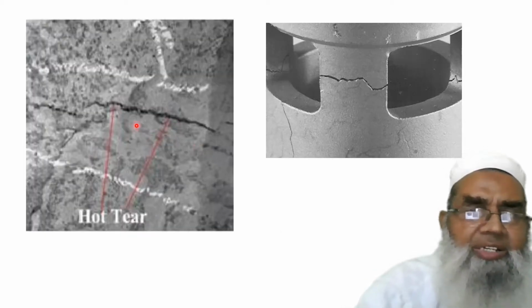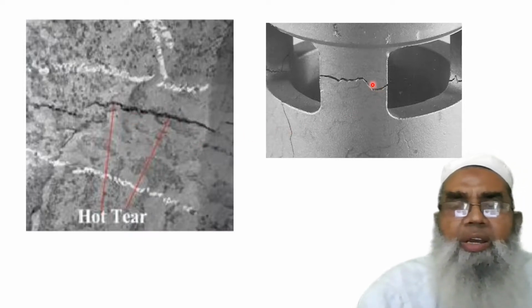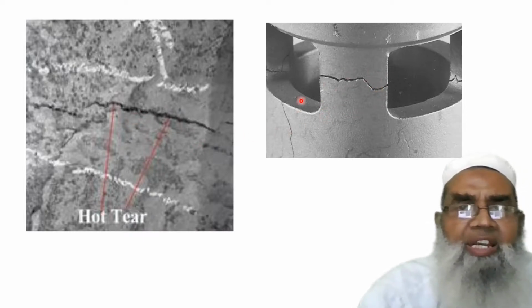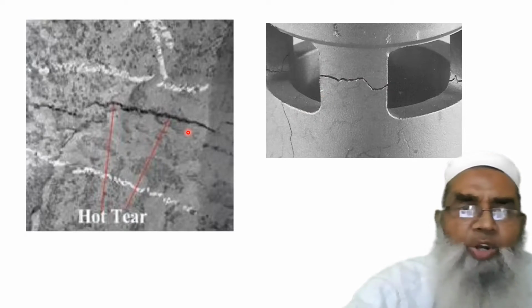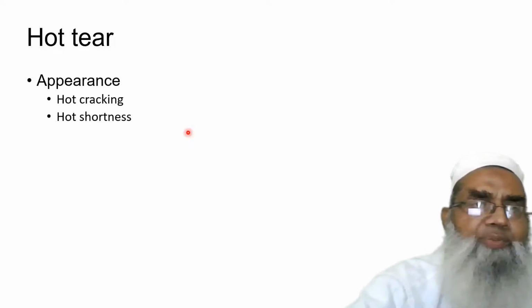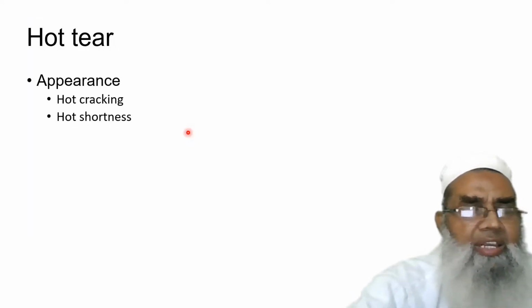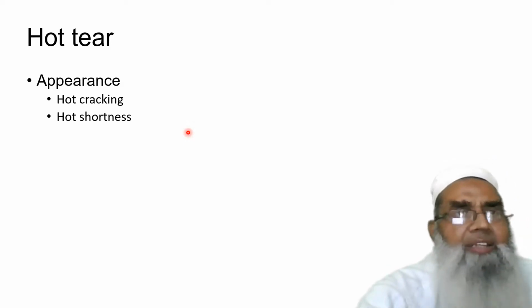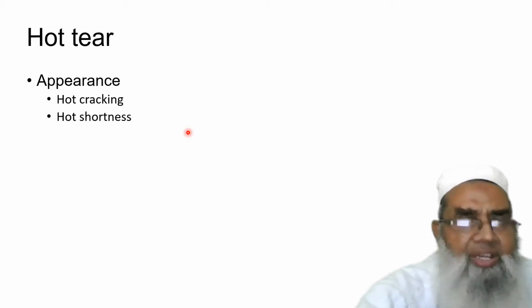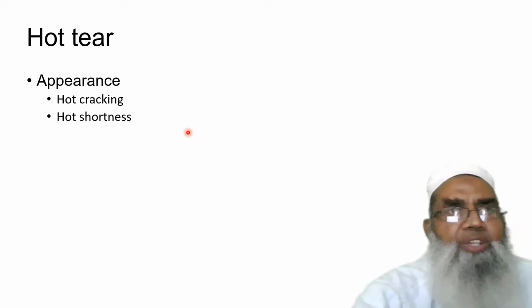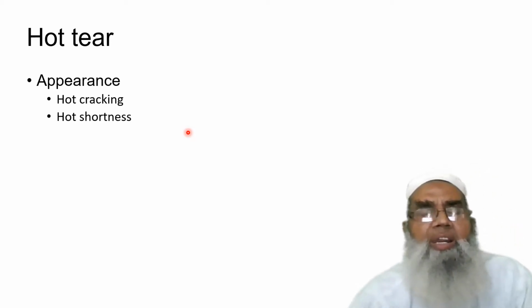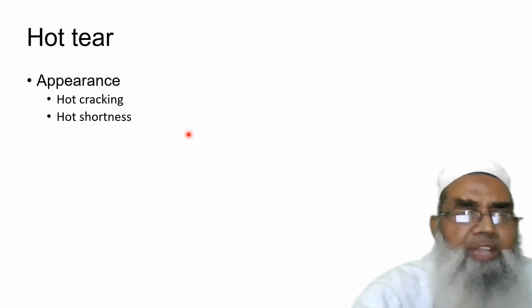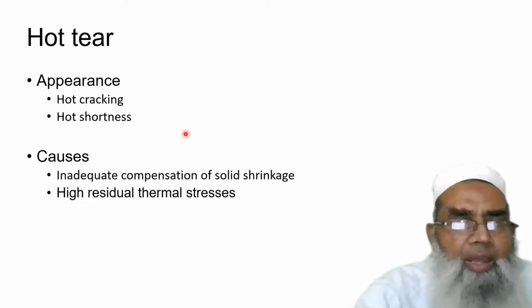Now the hot tears we call. After completing all these things, there can be stresses, and this may cause the appearance of hot cracking. It may be, you see, a hot crack. After filling, the material is hot, and the stresses developed may cause cracking, or the material is not sufficient and gets shortened, and therefore there can be hot shortness.